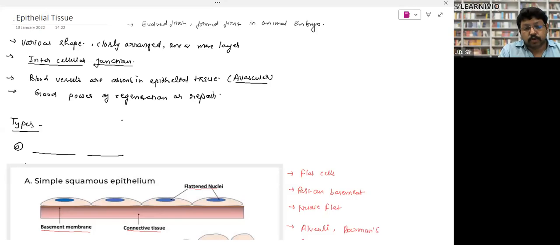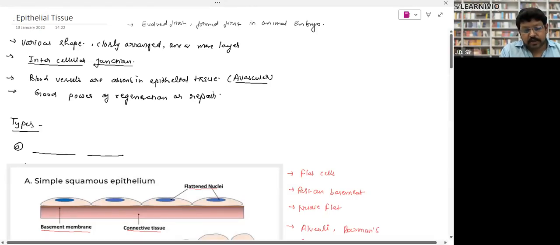Usually blood vessels are not found in epithelial tissue.